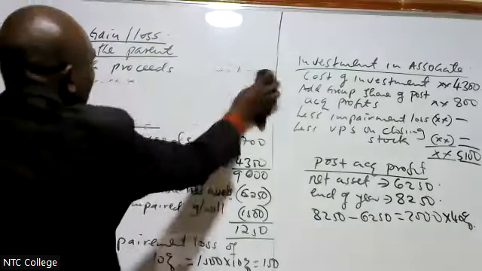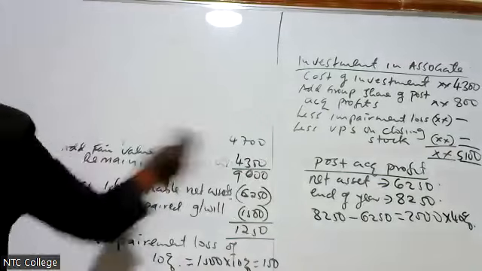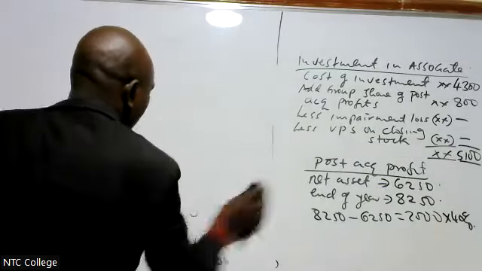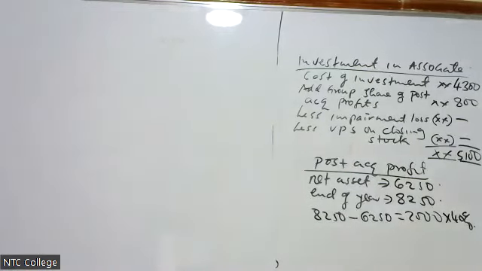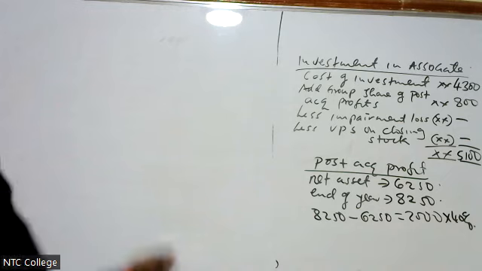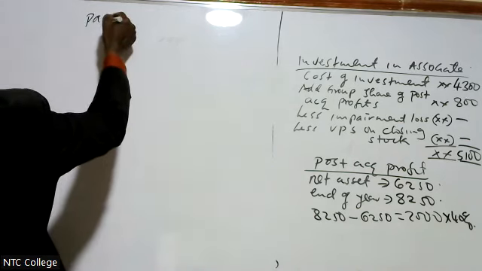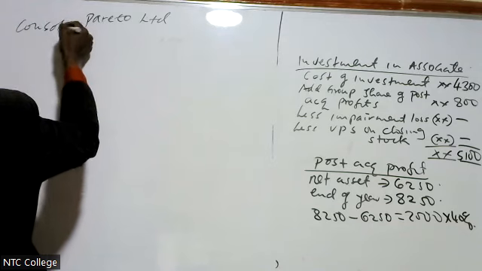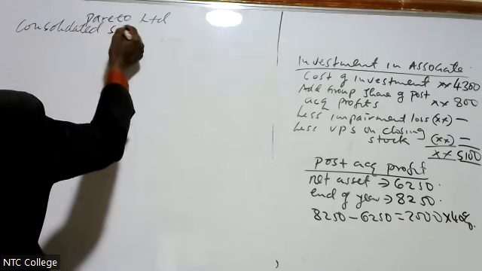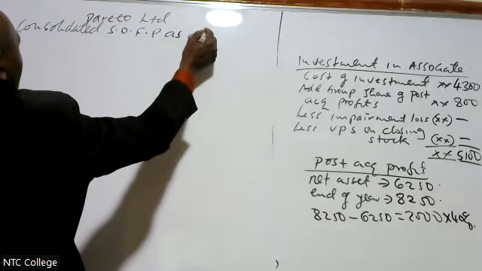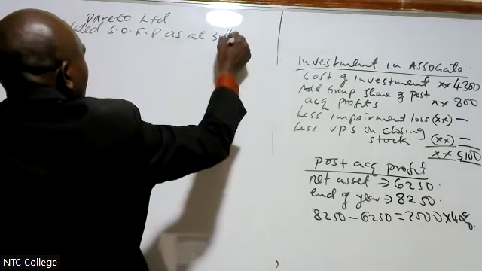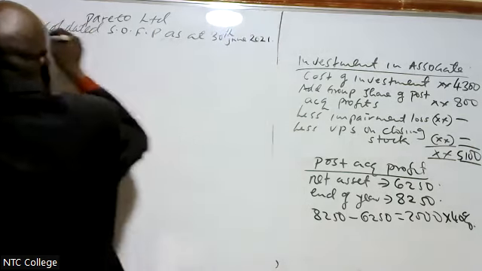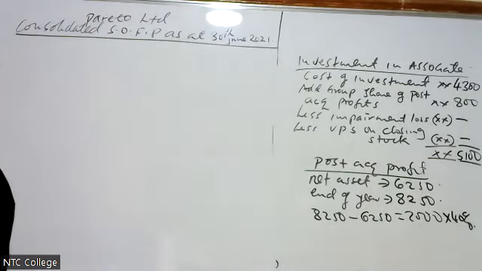Let's now quickly do the balance sheet. Pareto Limited Group consolidated statement of financial position as at 30th June 2021.